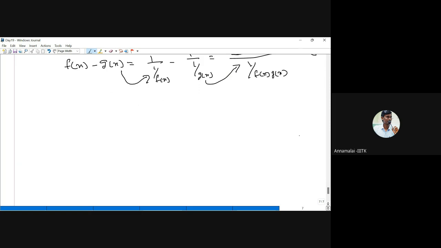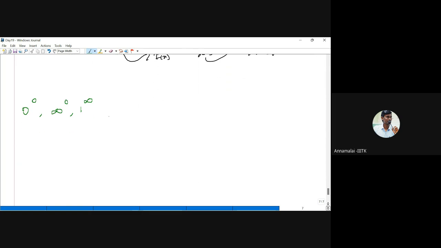So the next possible forms are 0 power 0, and then infinity power 0, and then 1 power infinity. Now you have to take the logarithm of this one.